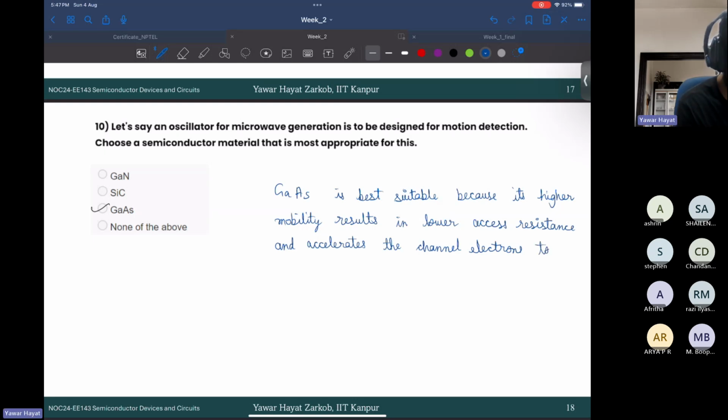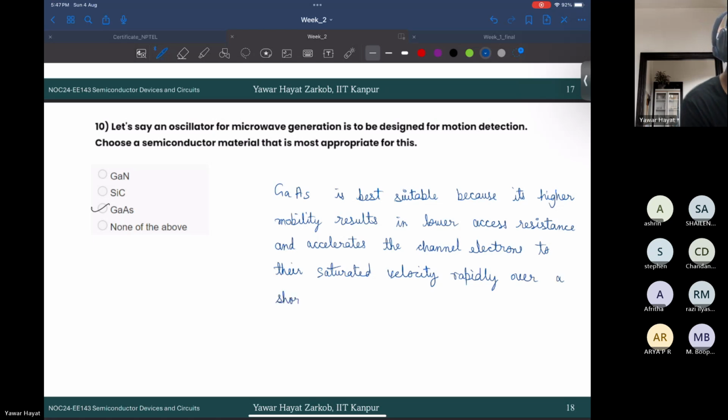So that is the reason we choose gallium arsenide for this application.